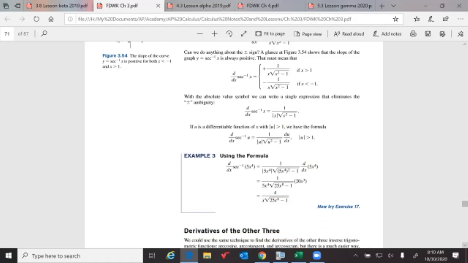And this one inside the root sign is being squared. But this is the only term that wasn't squared, so we need the absolute value of this. Okay? And then here's the example. But the example is just procedural. All you're doing is substituting 5x to the 4th where there's a mu.